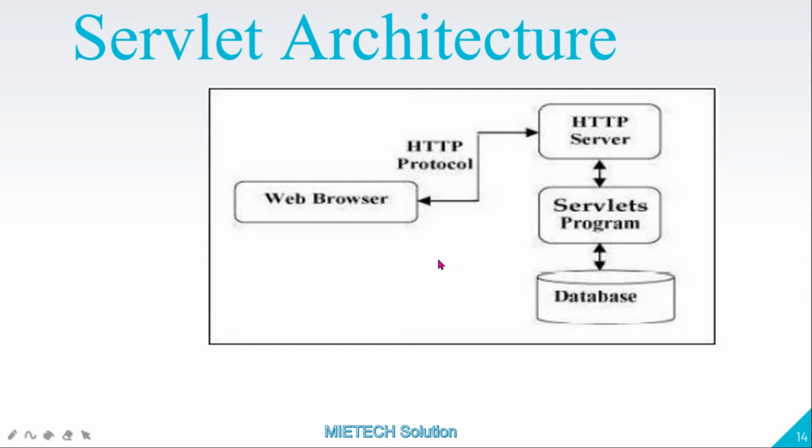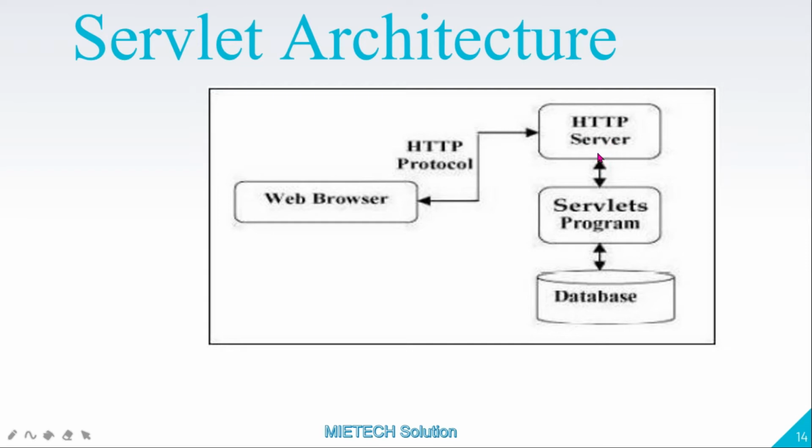The user will fetch the data from the web browser by typing in the URL, then the request will go to the HTTP server. If you remember the process of how the client requests the data from the web server, the client will send the HTTP request to the HTTP server.